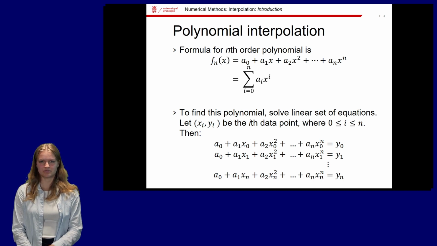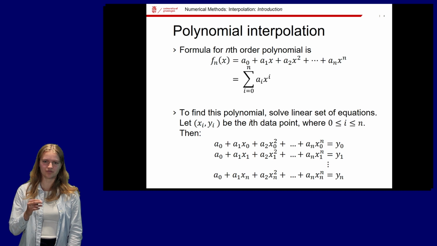But such a system is very ill-conditioned, especially if you go up to larger values of n. You'll have a very high order polynomial that you try to fit through the data points.